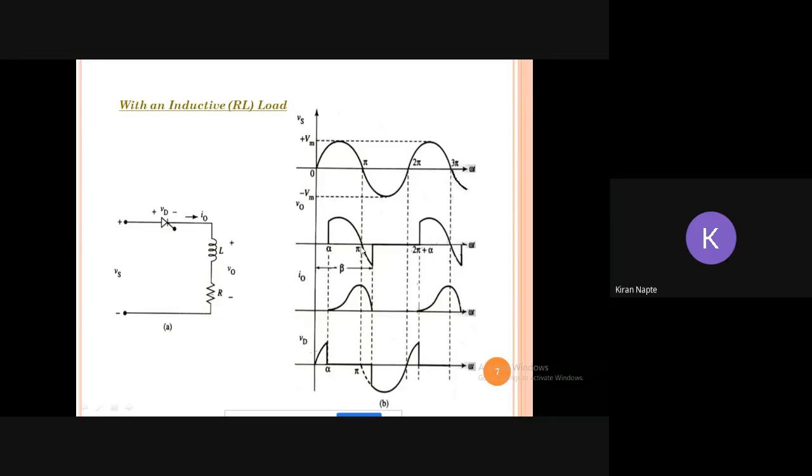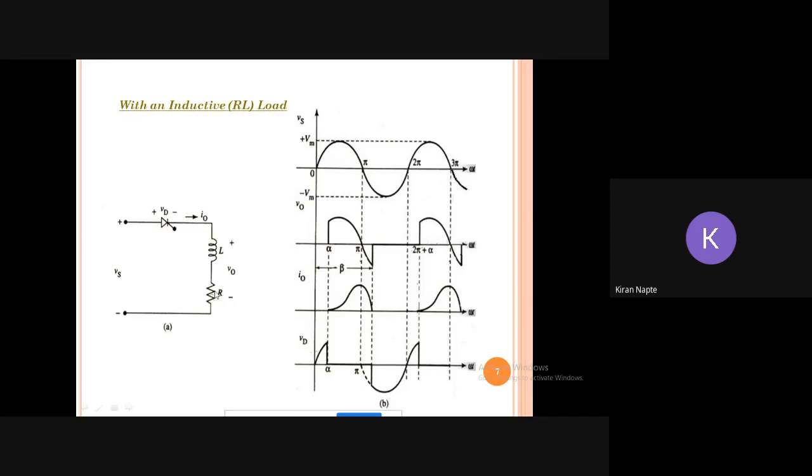But because of the energy stored by the inductor in the positive half cycle, some part of the output voltage can be observed in the negative half cycle also. This happens every time: for the first positive half cycle, and for the next positive half cycle, the same nature is there.